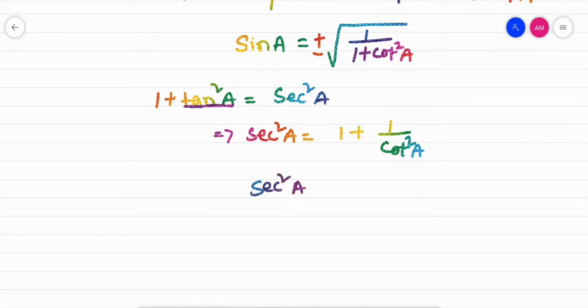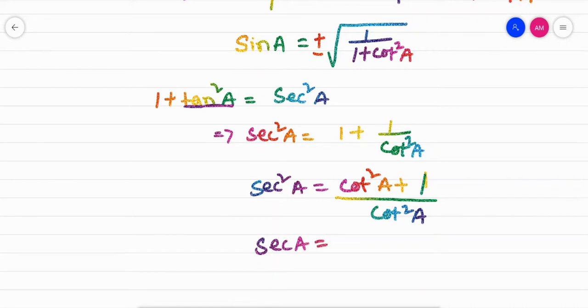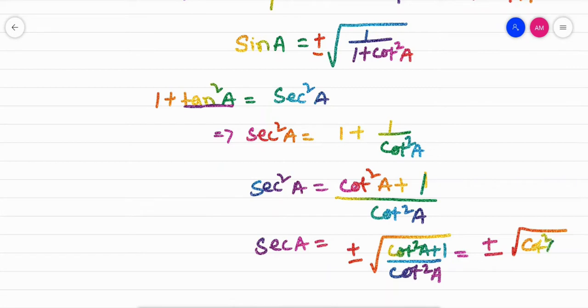Sec square A will be equal to cot square A plus 1 divided by cot square A. Now therefore sec A will be equal to plus or minus root of cot square A plus 1 by cot square A. This will be equal to plus or minus root of cot square A plus 1 whole by cot square A will become cot A. Now what is left?